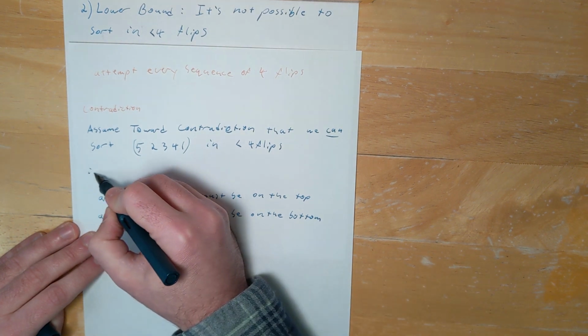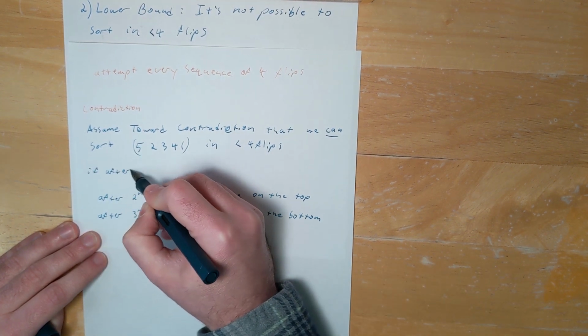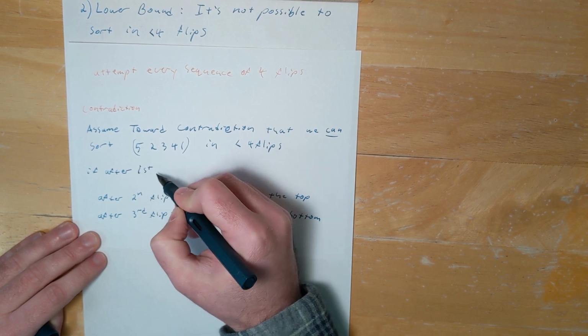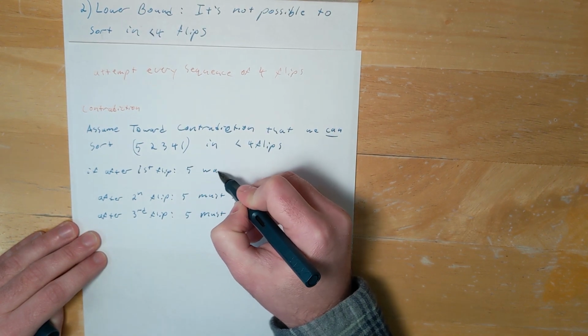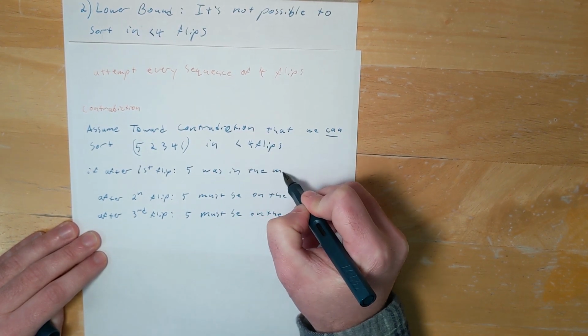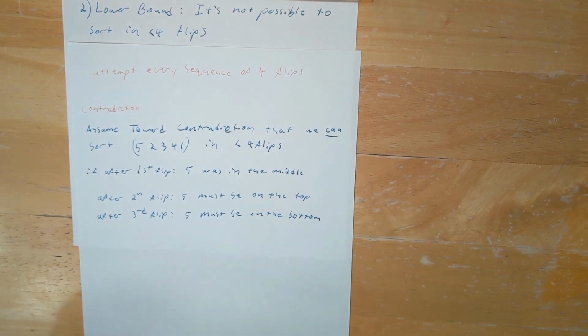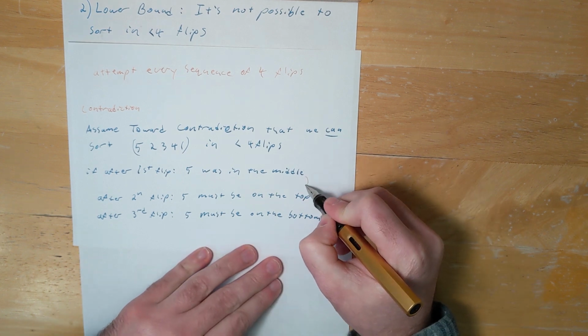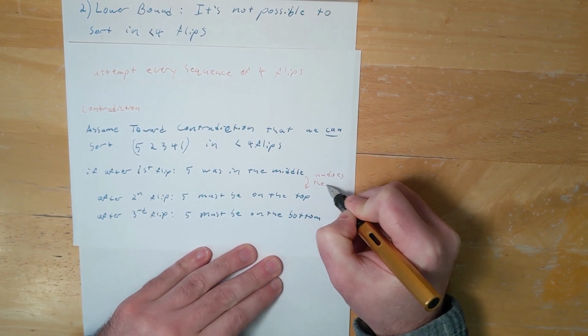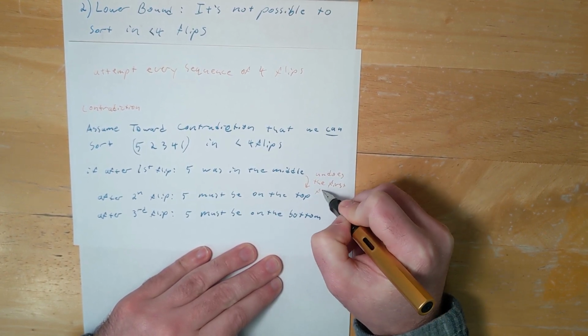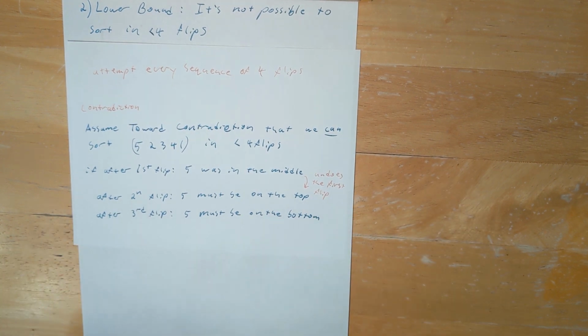Because if after the first flip, 5 was in the middle, then since after the second flip, 5 must have been on the top, basically this flip here just undoes the first flip.